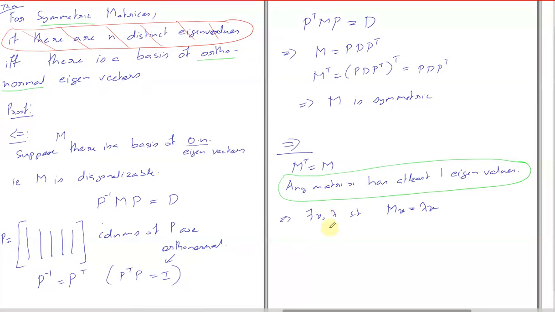Sir, there is an eigenvalue doesn't necessarily mean that there is an eigenvector with the same eigenvalue. If you have an eigenvalue, it should come with some eigenvector also, no? How can you have an eigenvalue without an eigenvector? Sir, when geometric multiplicity is 0 and algebraic multiplicity is something. How can geometric multiplicity be equal to 0? If lambda is an eigenvalue, then geometric multiplicity has to be a non-zero number, no?